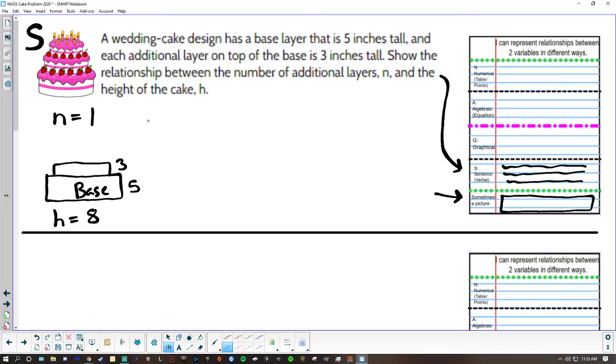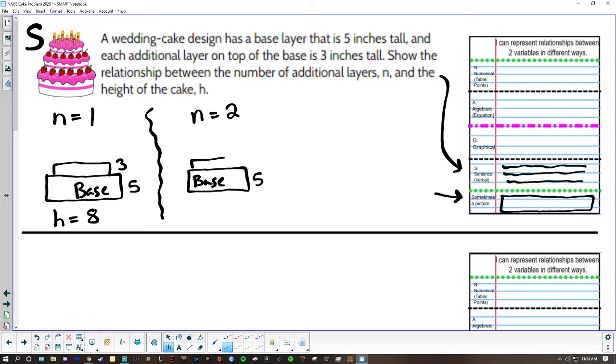Okay, let's draw the next one. Let's say now n is equal to 2. That means I have my base layer of 5, and additionally I have 2 layers on top, each 3 inches tall. So again, I'm going to draw my base layer. I know my base layer is 5 inches tall, and I have 2 additional layers.